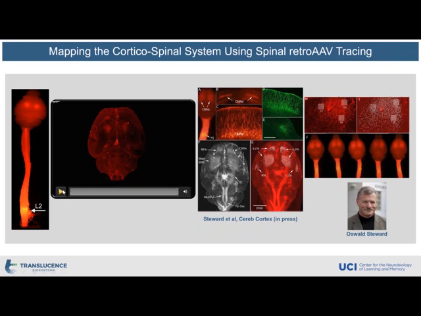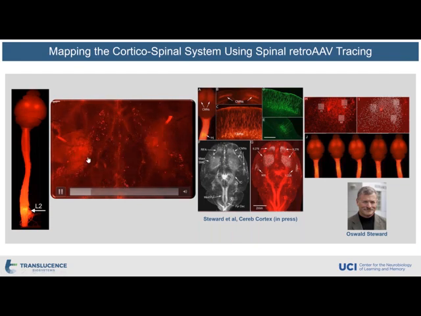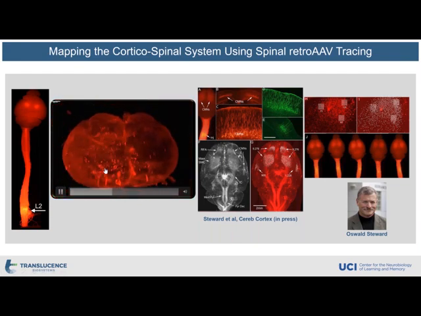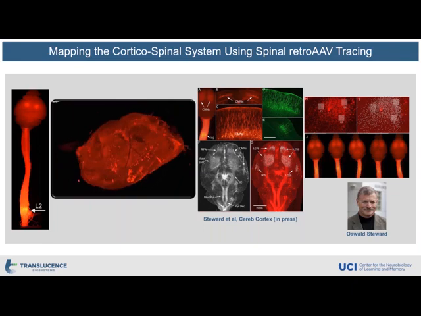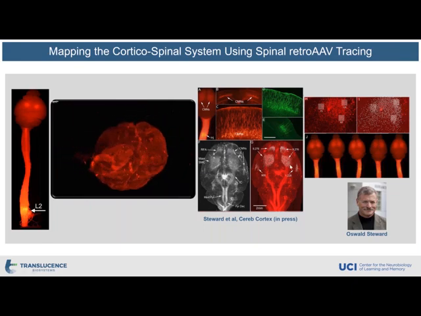Let me show you a movie here which lets you see some of the cell bodies of the corticospinal tract that are labeled this way. And what you can see is as we go in, that there are a number of these cell bodies that are distributed through the brain. And Ozzie's lab quantified exactly where these cells are.